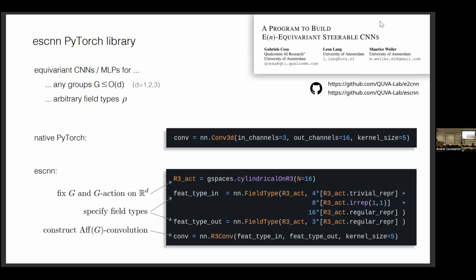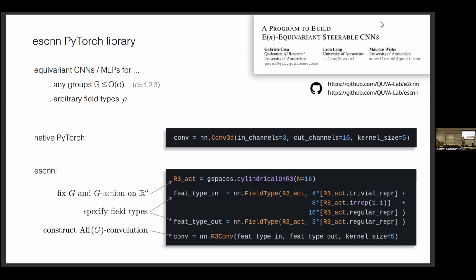First, we need to fix the symmetry group and the group action on our space. So in this case, what I chose is we have a 3-dimensional space, but then we use a cylindrical action. So just imagine you are in R3, and then you have gravity breaking the symmetry such that you are left over with rotations around the z-axis. And then this n equals 16 means that in addition you are discretizing that SO(2) rotation symmetry to 16 discrete steps.